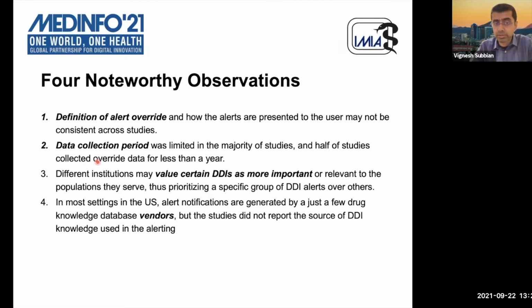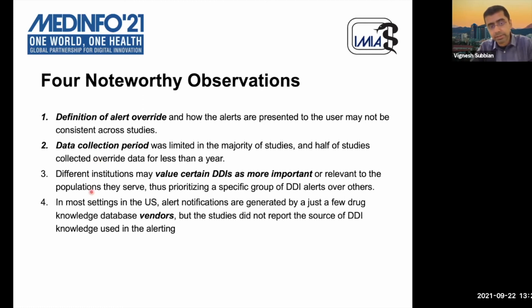The second, as we saw, the range of data collection was from 4 months to 48 months. There was lots of variability, but half of the studies collected override data for less than a year. Perhaps future monitoring studies may have to collect data for more than a year to see changes in the impact of alert overrides on patient outcomes.